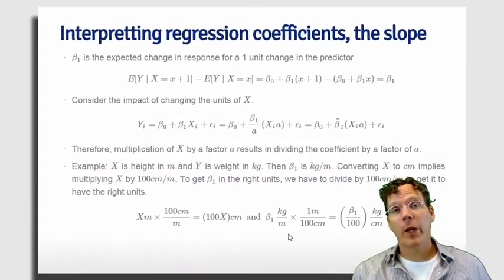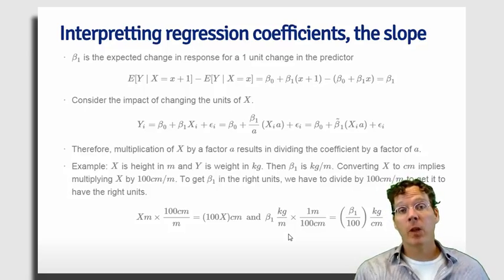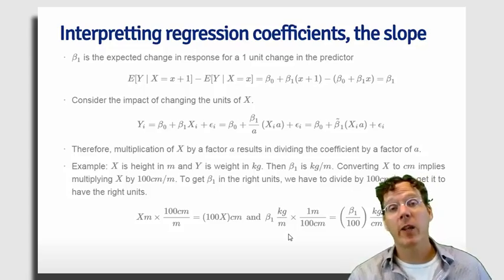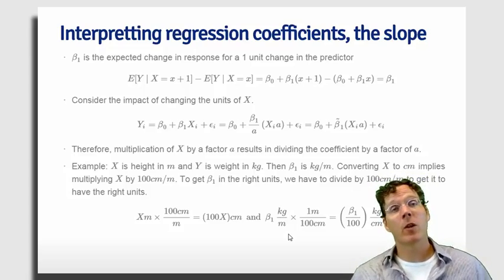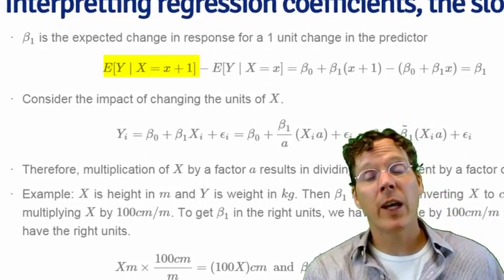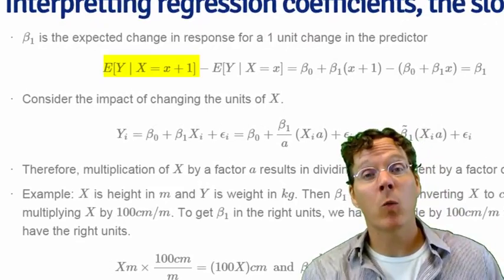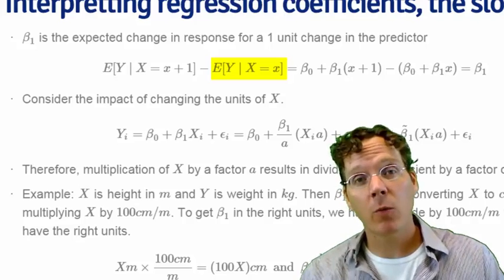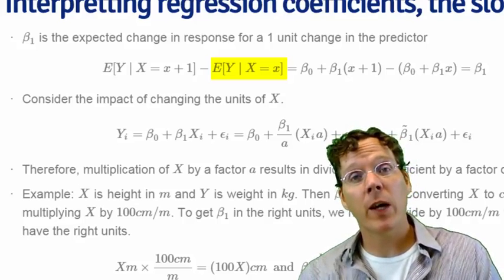Let's see if we can figure out a model-based interpretation of our regression coefficient. Now it's a slope, so it must have an interpretation that is of the form the change in y per unit change in x. So let's see if we can work with that. Take the expected value of y, given that x takes the value x plus 1, a 1 unit increase in x, and subtract off from it the expected value of y, given that x takes the value x.